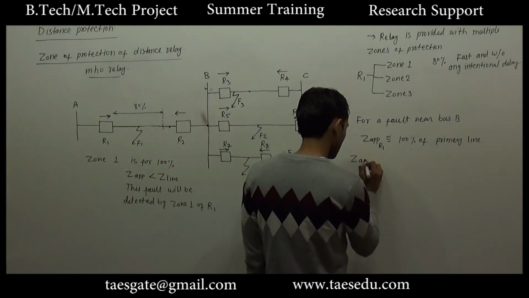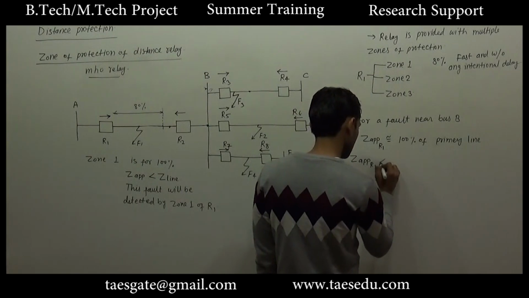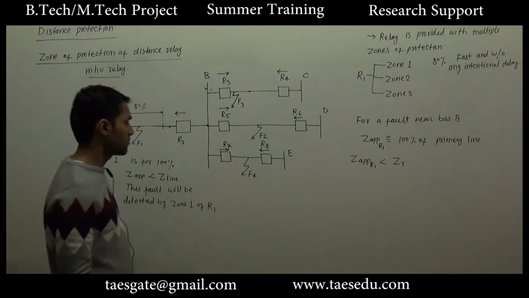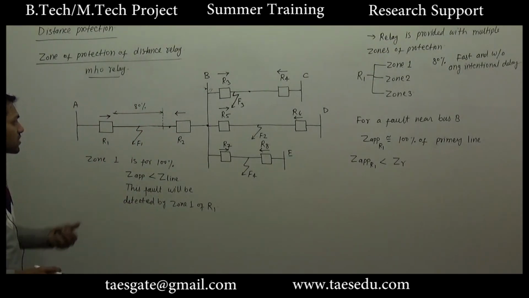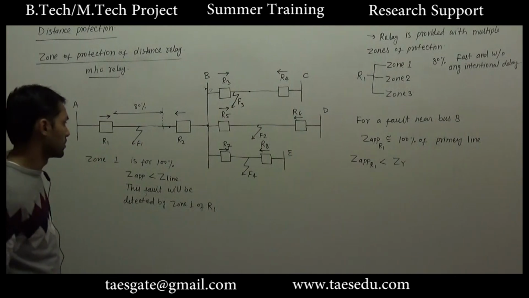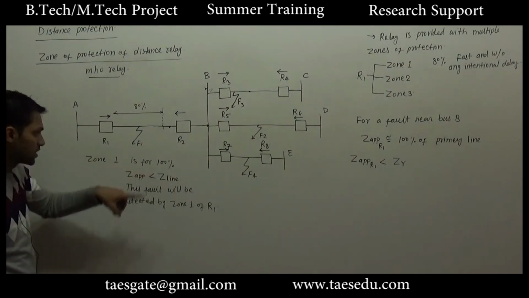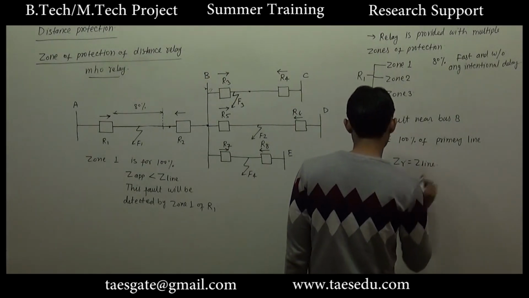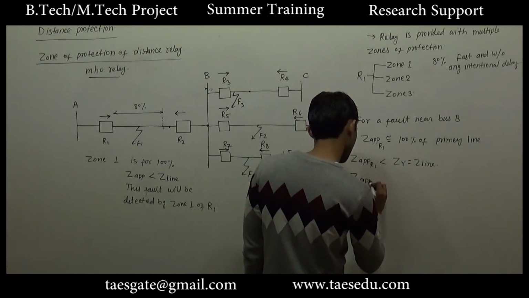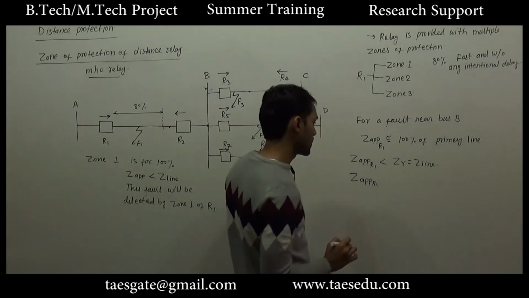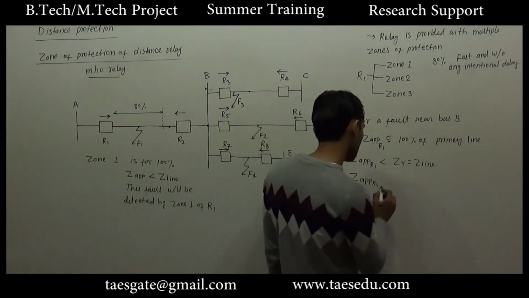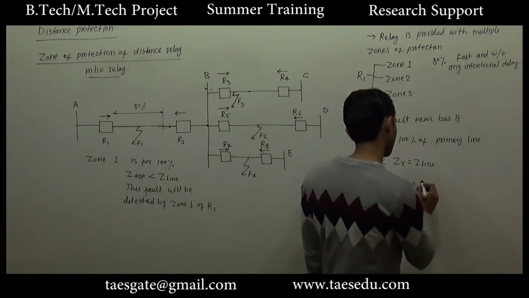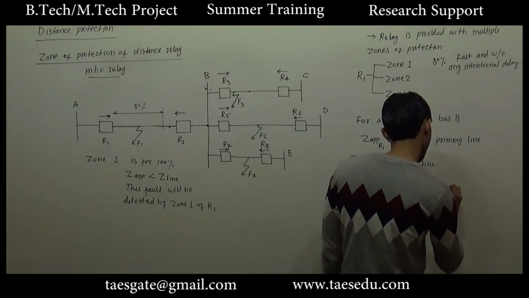For fault detection, if Z apparent of R1 is less than the Z reference of zone 1 protection of R1, which is 100% of Z line, that is, if Z apparent as measured by relay 1 is less than Z line, we will say that relay 1 will operate.